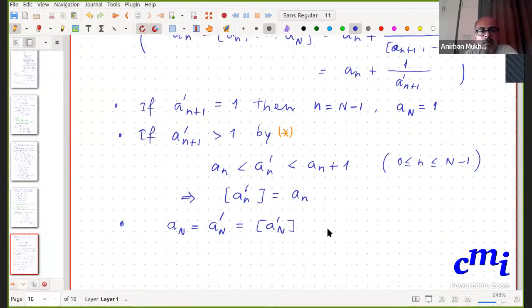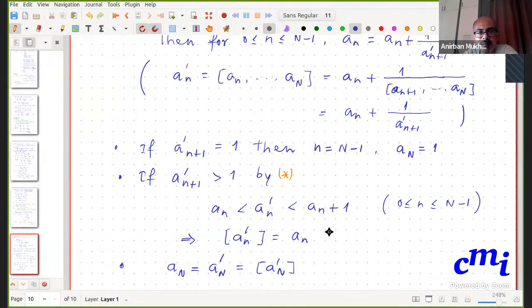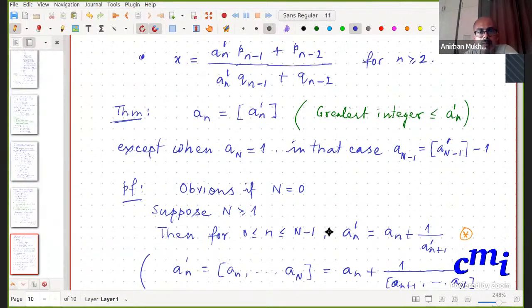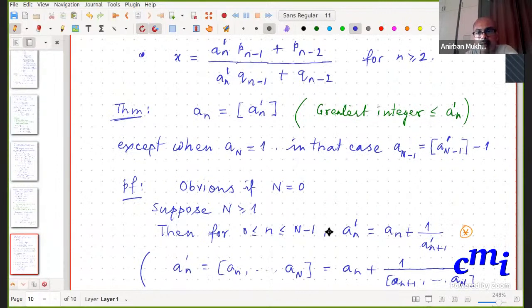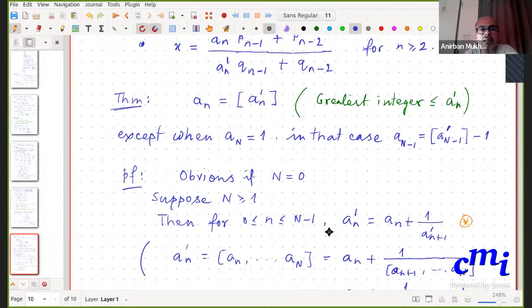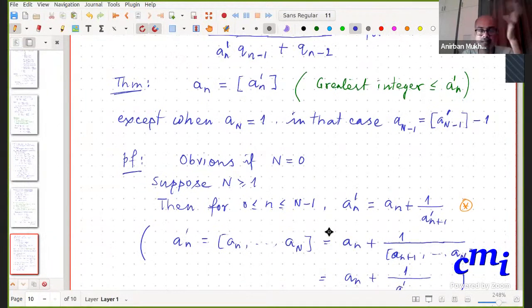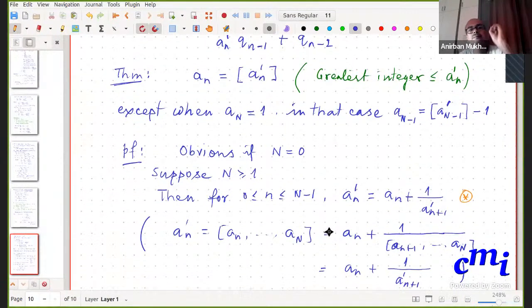So this is the theorem we would require to establish the uniqueness, except in the exceptional case we mentioned. Let's just remember that. It's essentially for every n, a_n is the integral part of the complete quotient.